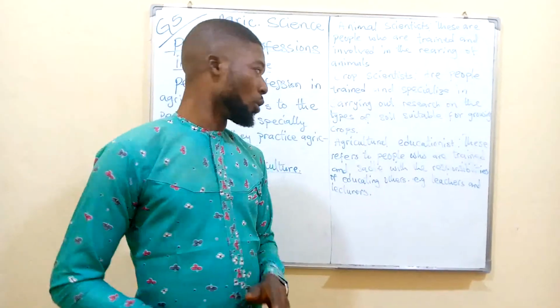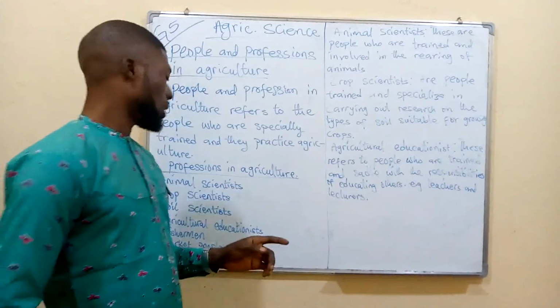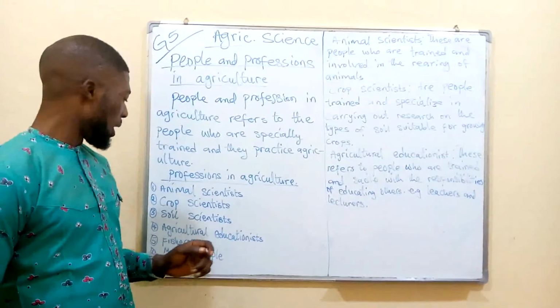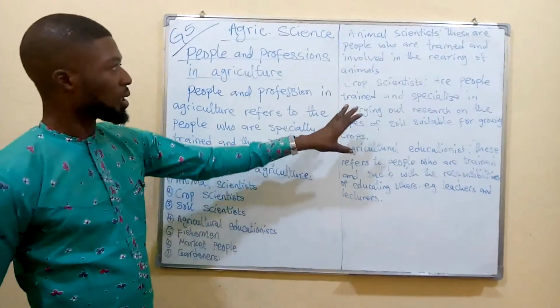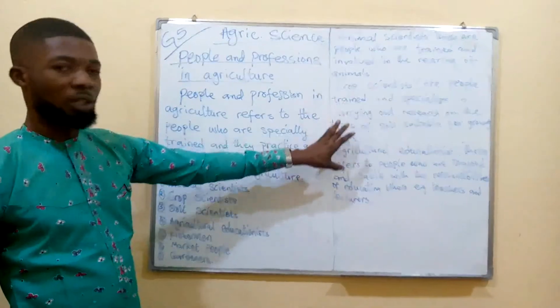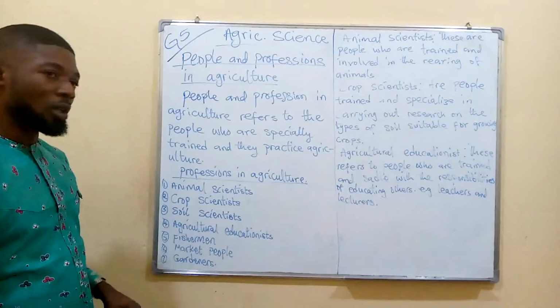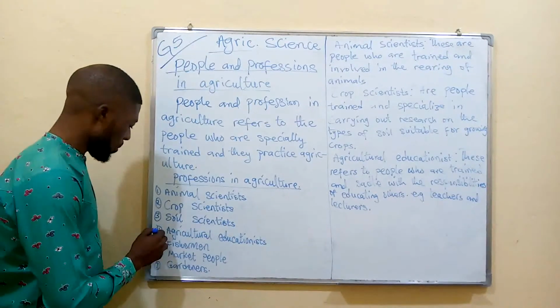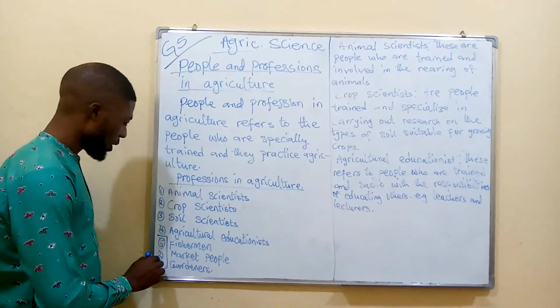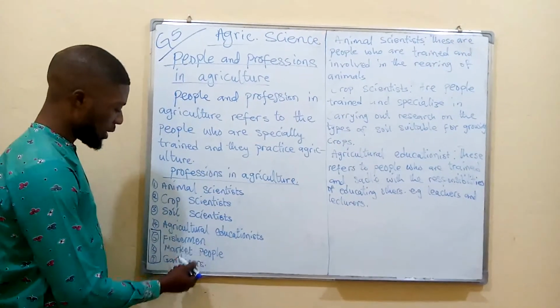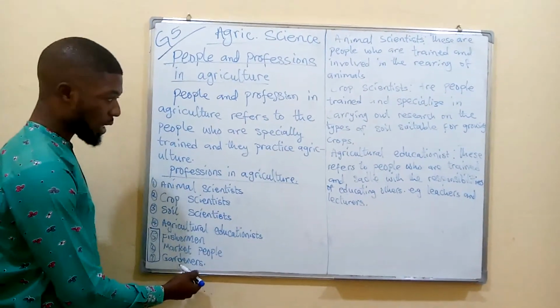But before we go, take this simple instruction as an assignment. Mr. Joseph has explained some of these professions in agriculture. So you are going to explain from number 5 to 7: fishermen, market people, and gardeners.